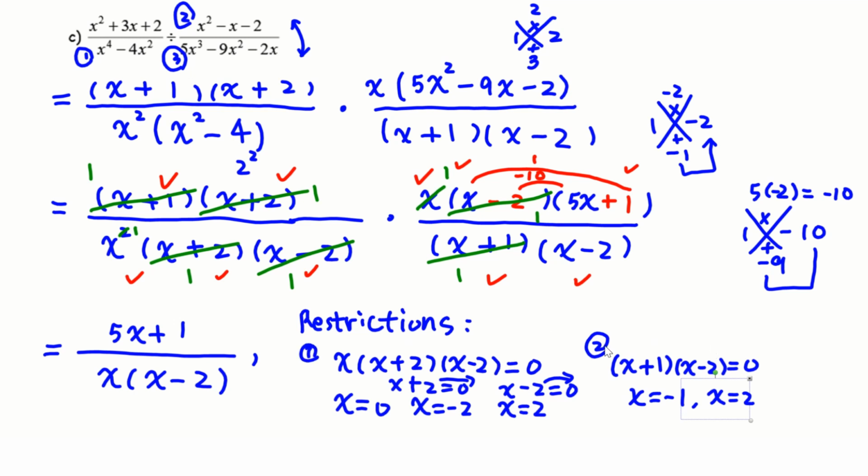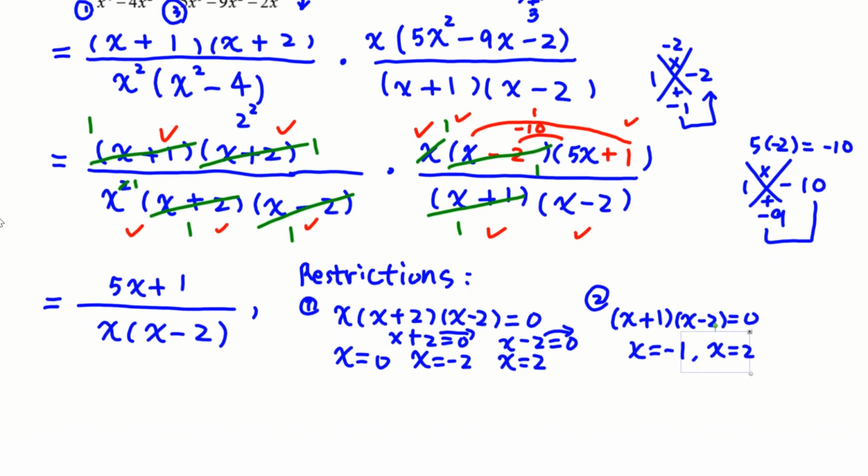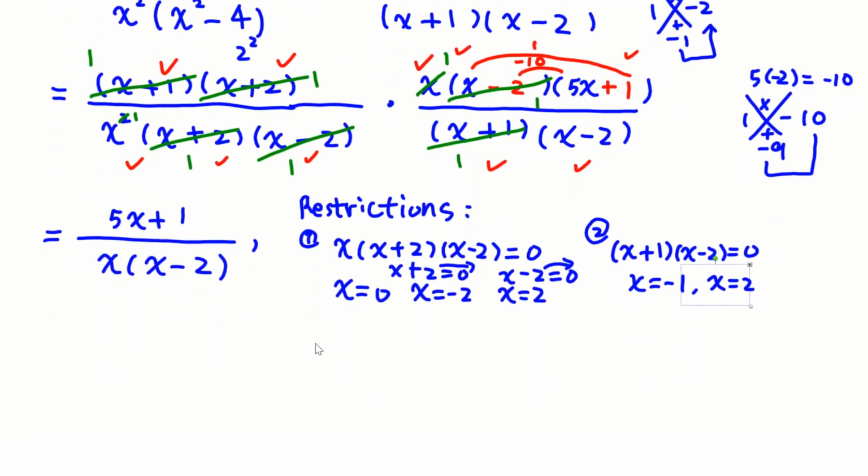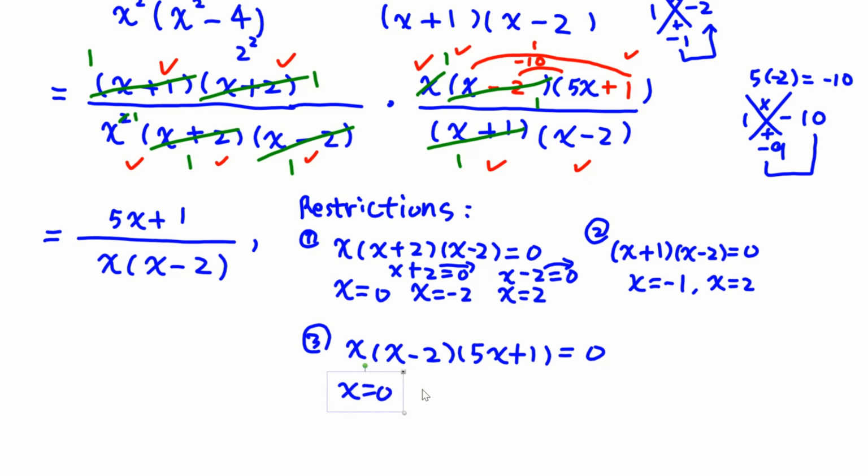And the third denominator is flipped. So the third denominator is x, x minus 2, 5x plus 1 equals 0. Then each factor equals 0. Each bracket we call a factor. x equals 0, x equals 2, 5x plus 1.